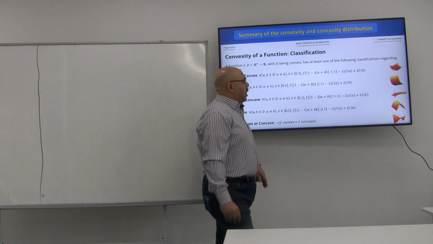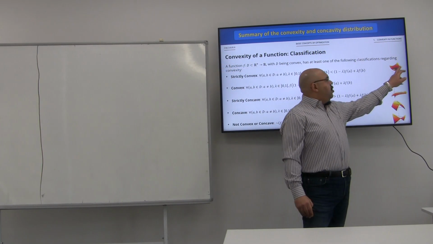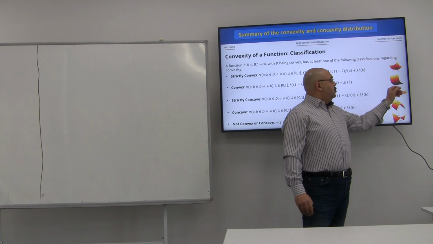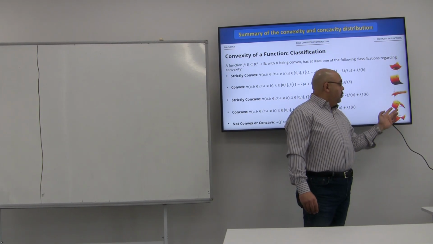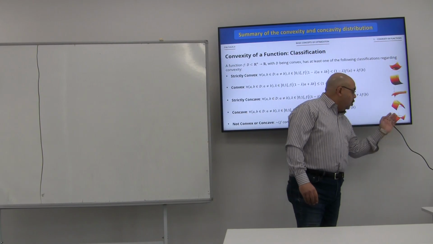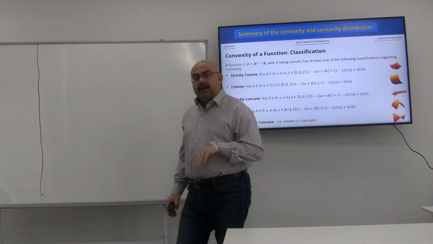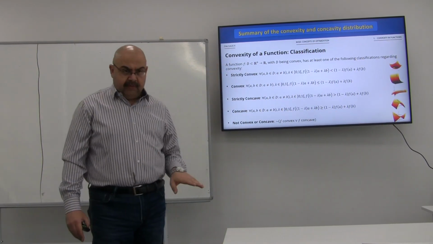First of all, we are between the strictly convex functions or the convex functions, the strictly concave functions or the concave functions, or the functions which are not concave or convex.